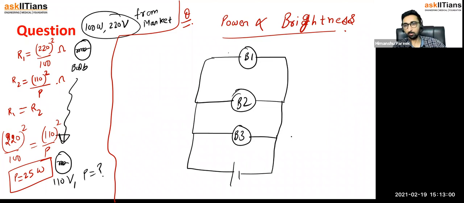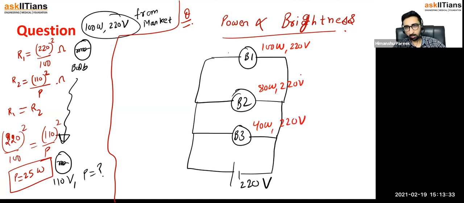It can be 100-volt also, anything, I'm just taking 220-volt. Let's say bulb 1 has a rating of 100 watts, the second one has a rating of 80 watts, and the third one has a rating of 40 watts. You know exactly what the meaning of this rating is: 100 watts it will supply when you provide 220 volts of potential difference.